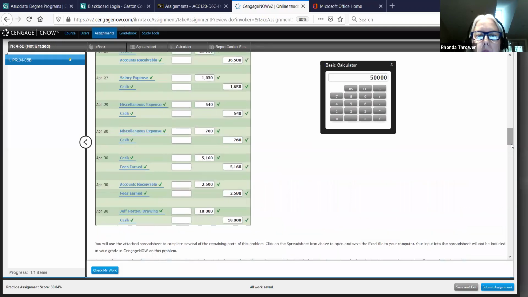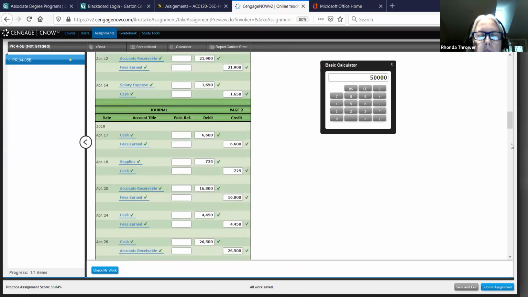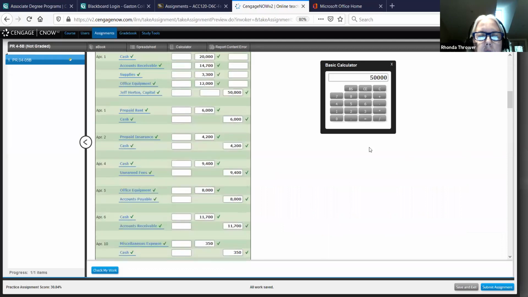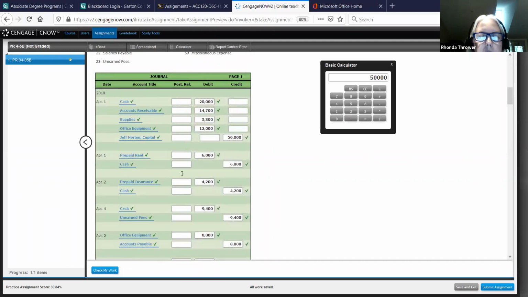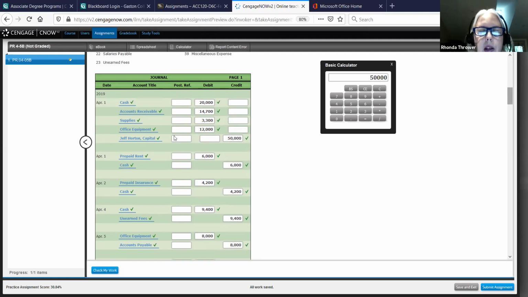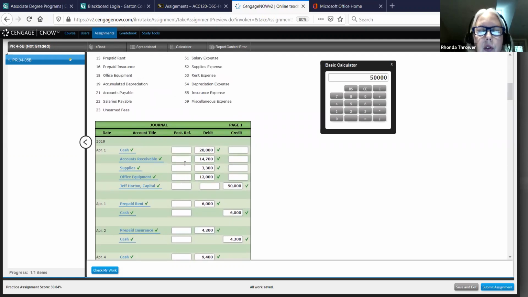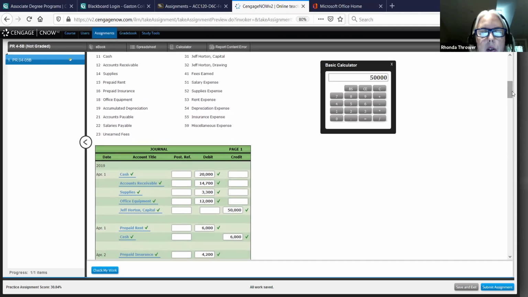And be sure to go back and enter the appropriate posting reference in the journal. You'll remember that when we entered our transactions in the journal, we skipped over this post reference. And there was a reason for that, because when we're in the posting process, this post reference serves as a cross-reference with the account number in our general ledger.